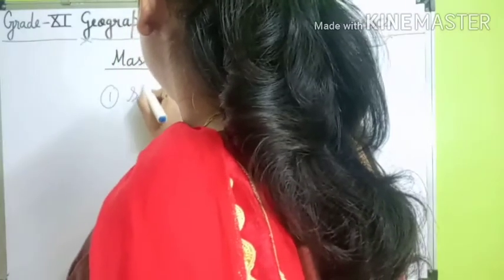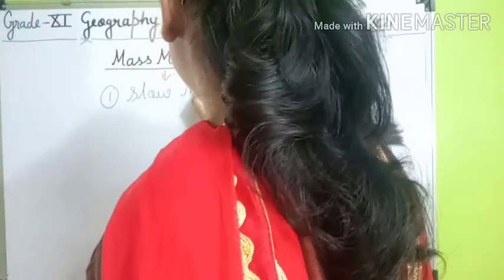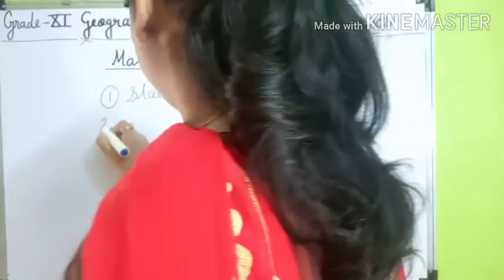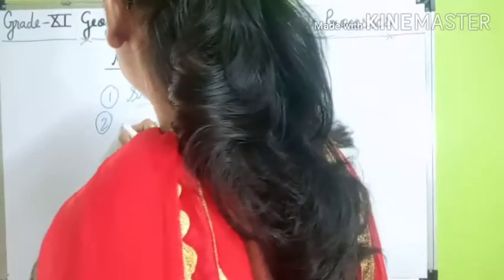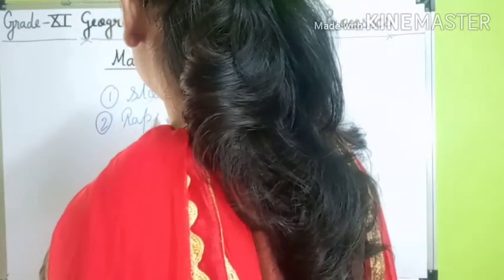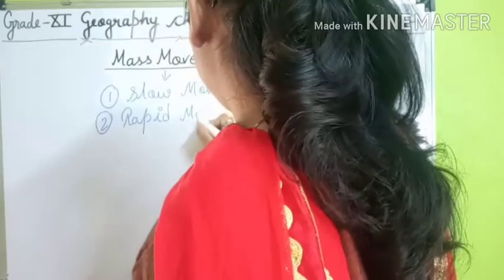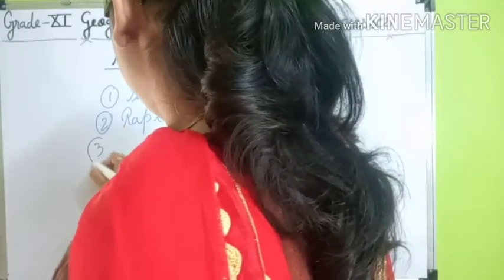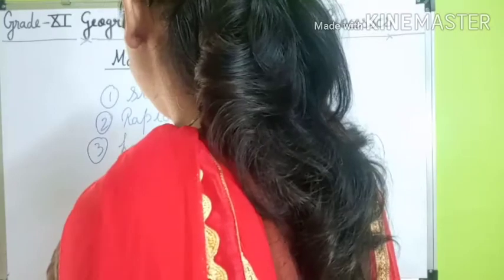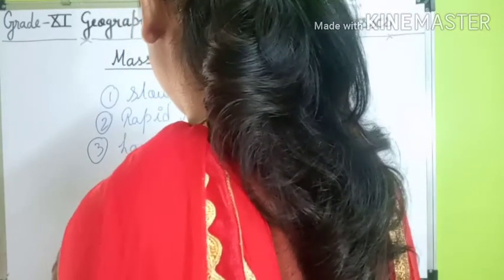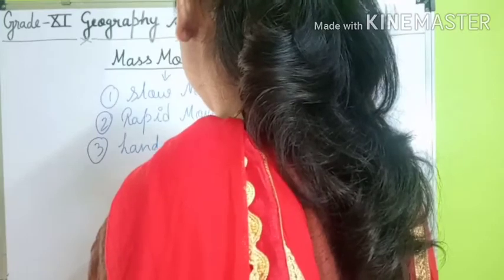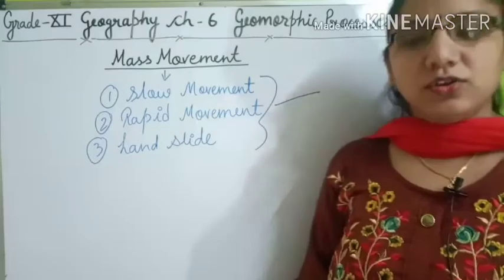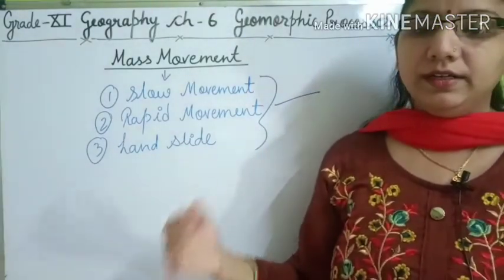Number one, slow movement; number two, rapid movement; and number three, landslide. In total, there are three types of mass movement: slow movement, rapid movement, and landslide.